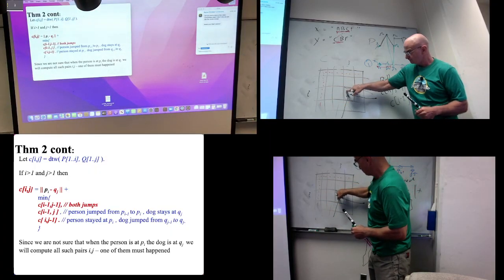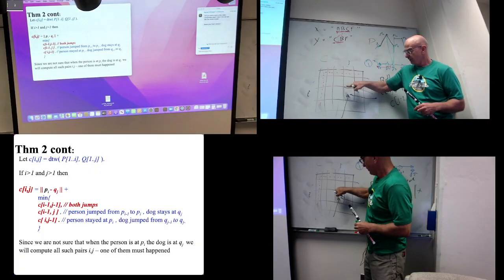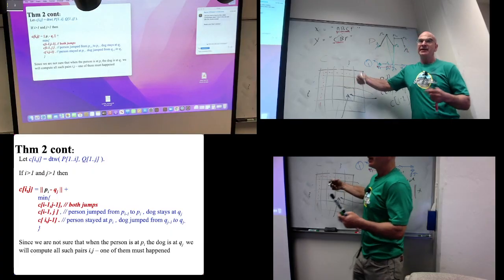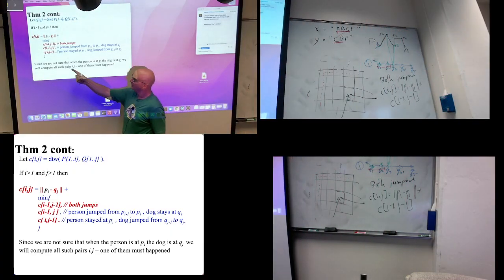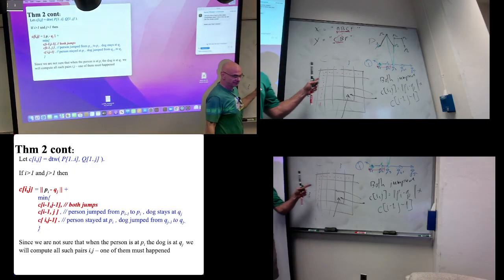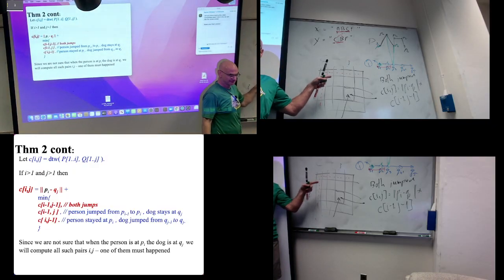So in particular, when I need to compute C[i, j], I need to use a value in the table, C[i-1, j-1]. Where is this in the table? Which cell is this?